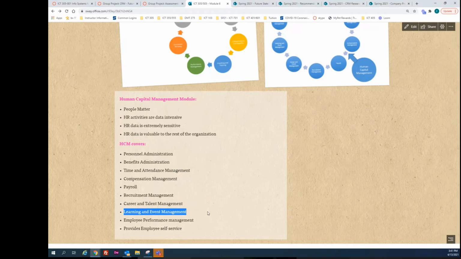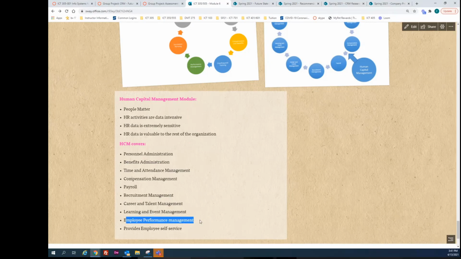I know here at UW Stout, we have mandatory training that we have to go through sometimes on a monthly, quarterly, or semi-annual or annual basis. I just went through a ton of training on that. So within the human resources module within our enterprise resource planning tool, they would be tracking all of that.